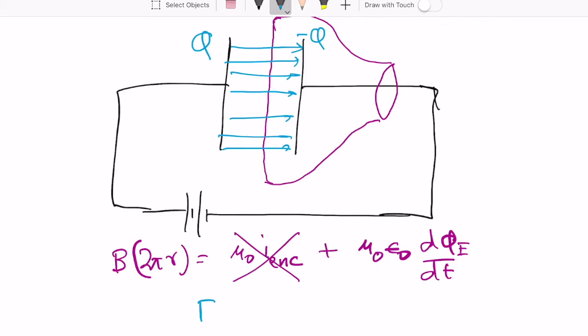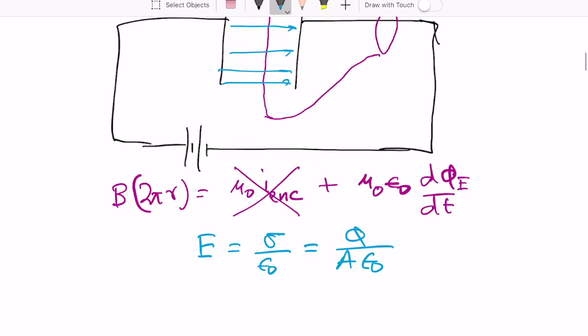So the electric field is going to be sigma over epsilon 0, as you know. So that's Q divided by A over epsilon 0, right? All right. So the flux of the electric field is going to be E multiplied by A, right?